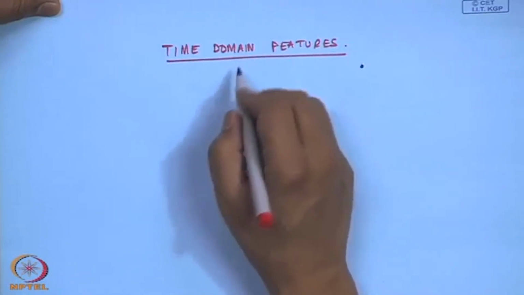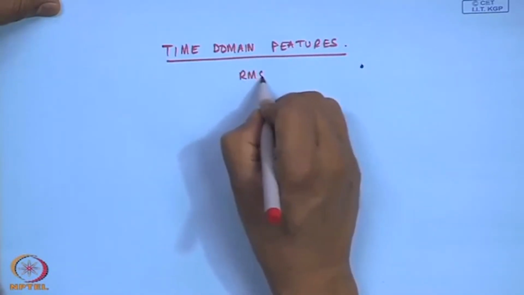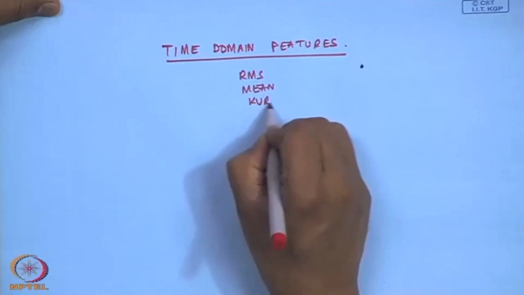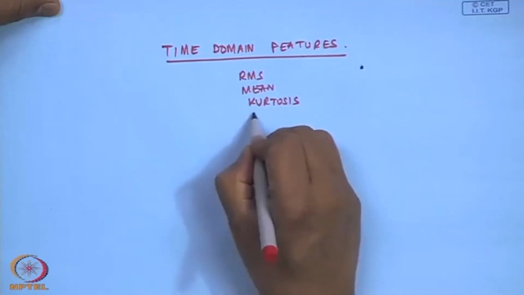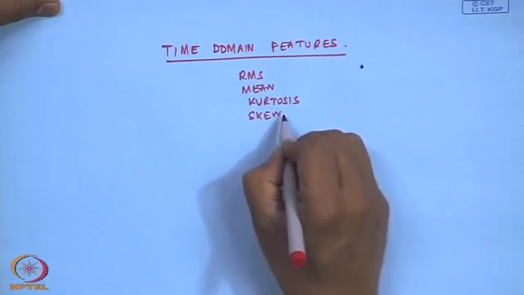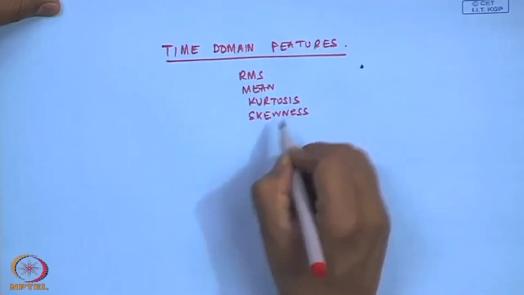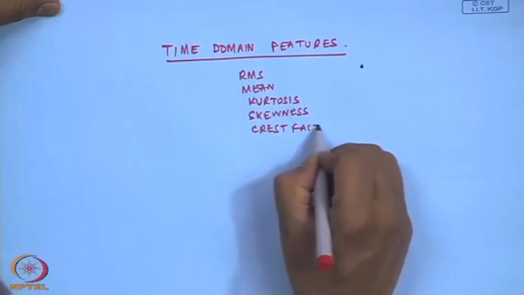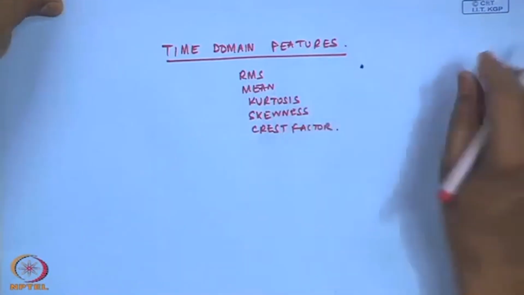By time domain features, I meant RMS, mean, kurtosis, skewness, crest factor, etc. We studied about this in some of the earlier classes on time domain signal analysis, and you know by now how to calculate these parameters.